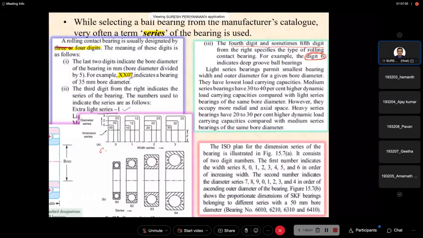This is A, right? Now it consists of 2-digit numbers. The first digit number, see here, this 0, this is 1, this is 2, this is 3, right?